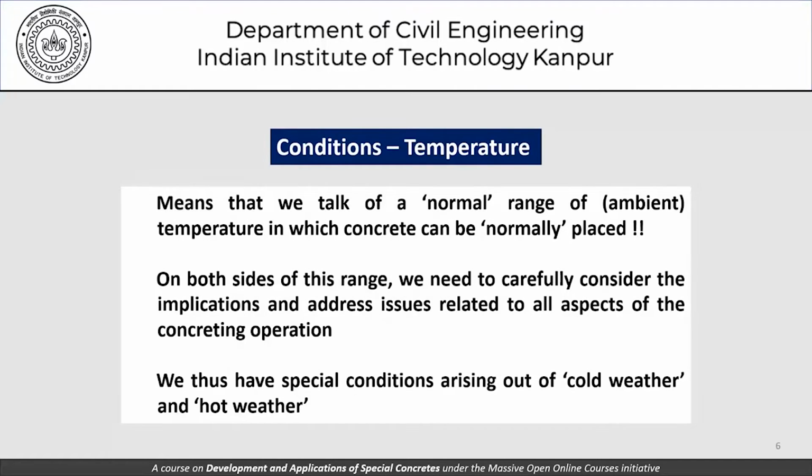We are talking about the conditions in terms of temperature as of now, and there can be a normal range of temperature where we would say that yes, concrete can be normally placed. On both sides of this range, we have to be careful, and that gives rise to cold weather and hot weather concreting. Cold weather we've already done last time, and today is the turn for hot weather.